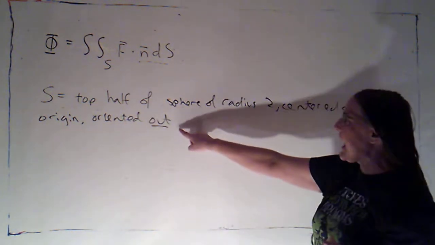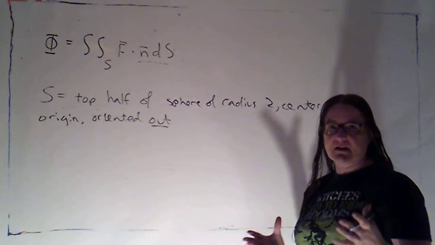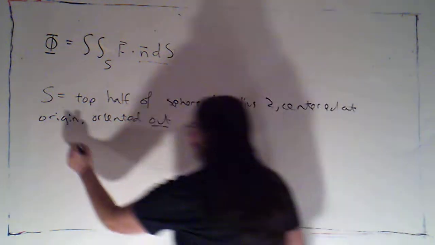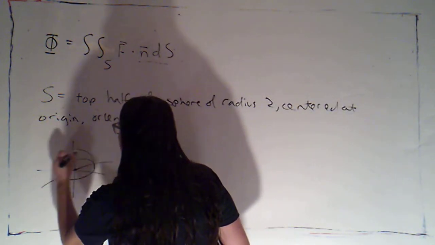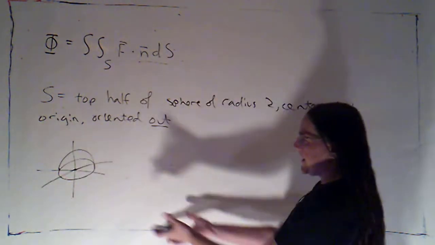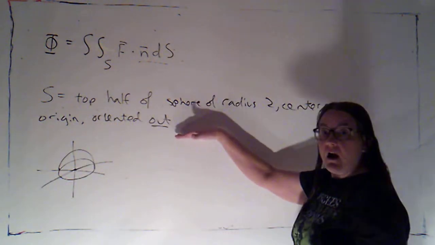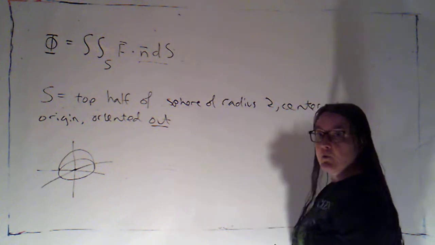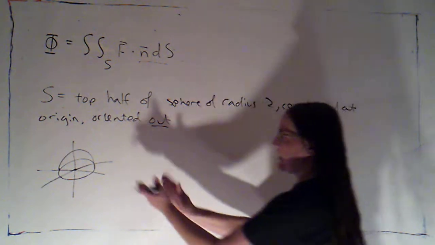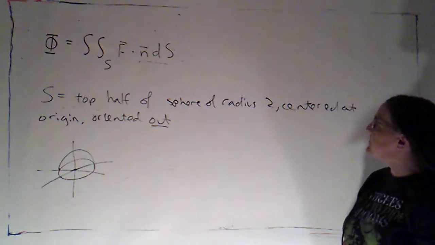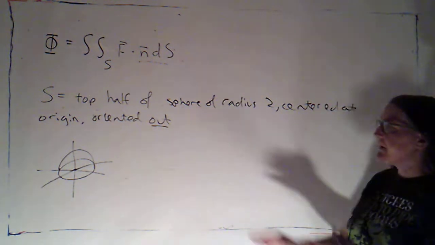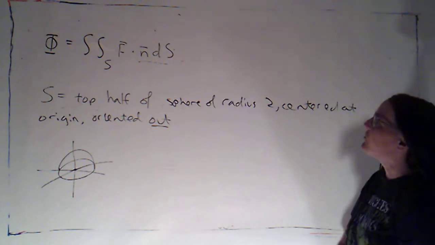Okay. And by out, I mean away from the center of the sphere. Now, obviously, we're just talking about the top half of the sphere here. So I could just as well have said oriented upward, because we will also have an upward component if we're going away from the center of the sphere. Okay, but we're going to be working just with that top half of the sphere, where the whole sphere would be centered at the origin.